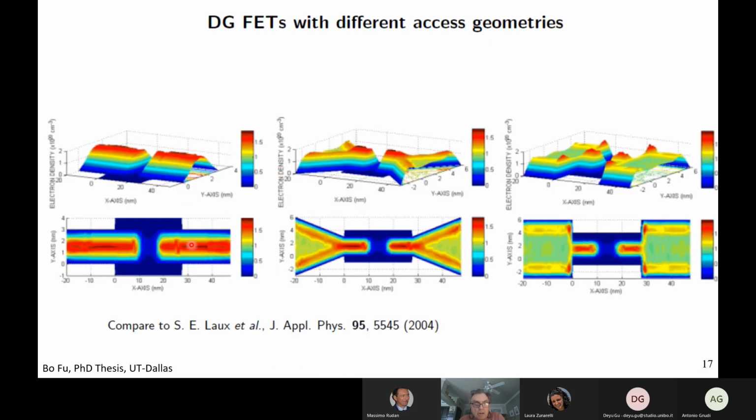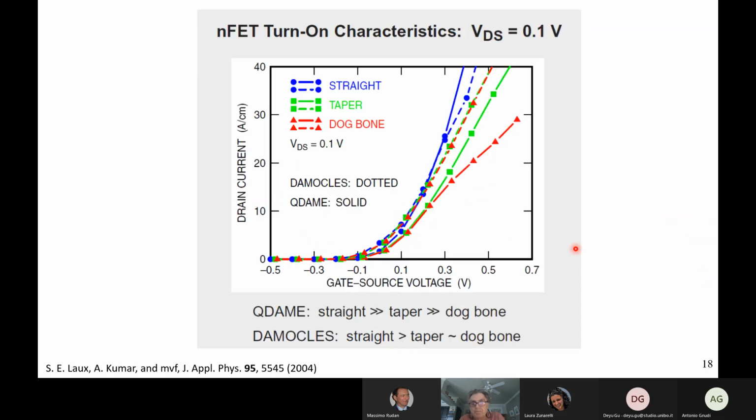And you can see here the potential, the charge density actually, the electron density in this particular case. You see a big electron density in the straight case scenario. Here you see how the electrons try to get in, but here you see the strong reflections. This is a high density of electrons that do not make it inside the device. They're reflected back, and the density is actually much reduced compared to that case.